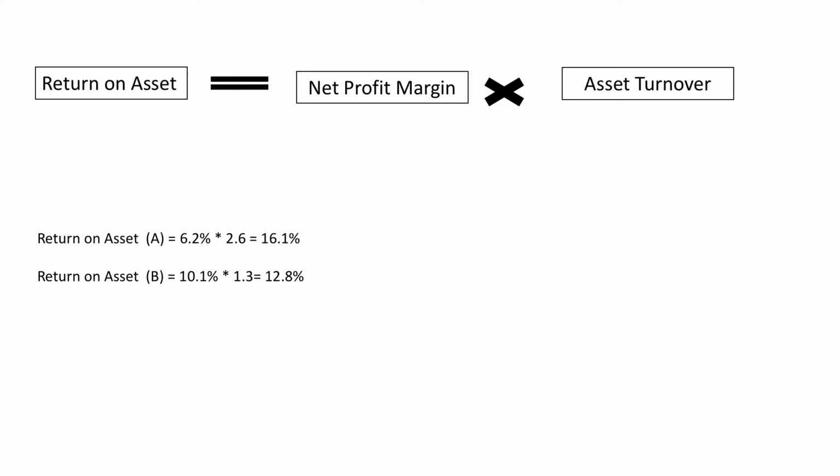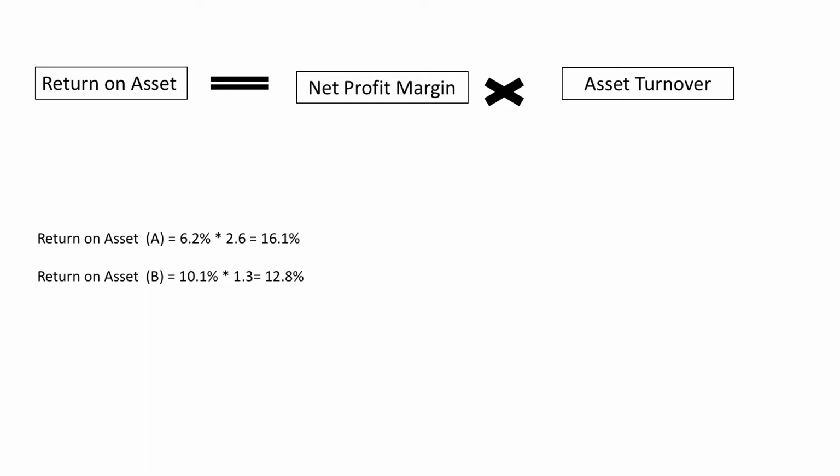The overall financial performance is measured by combining both these paths, and this ratio is called return on assets. So, as I told you earlier, return on assets is computed as net profit margin multiplied by asset turnover ratio. Both net profit margin ratio and asset turnover ratio we have separately computed.